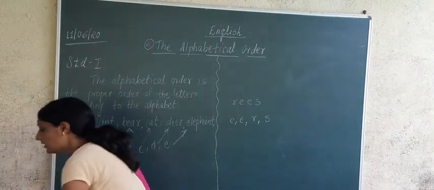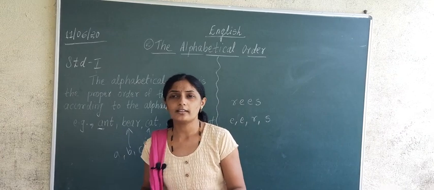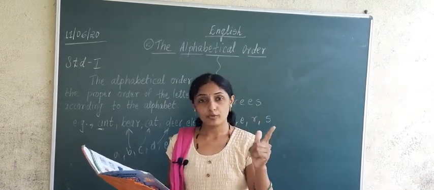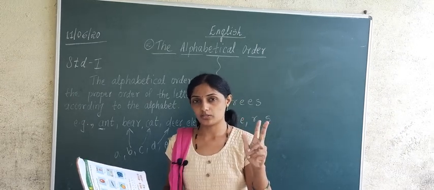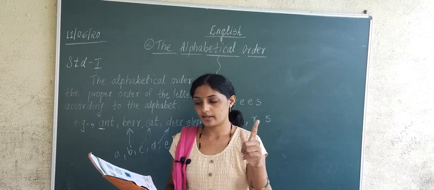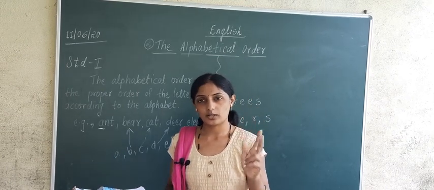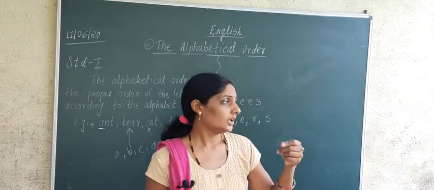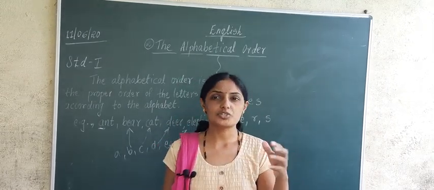Here it is told that there are 3 registers: school register, telephone directory, and word dictionary. Are you getting it or not? School register, telephone directory, and word dictionary. In these 3 books only you can call. Now register is another thing.